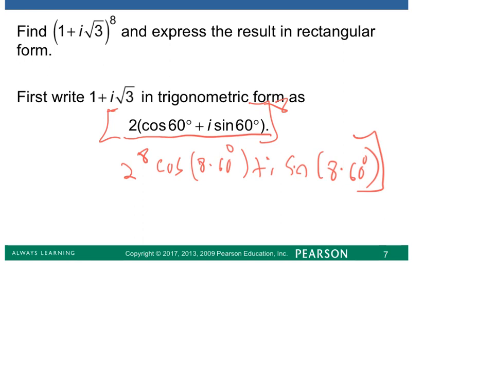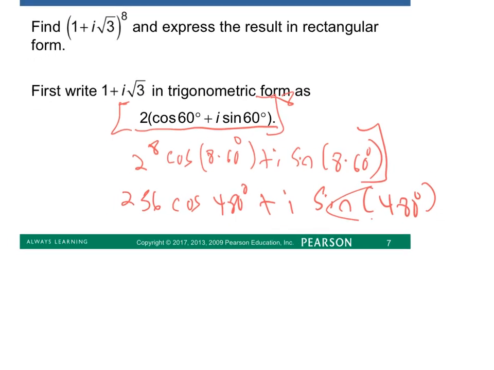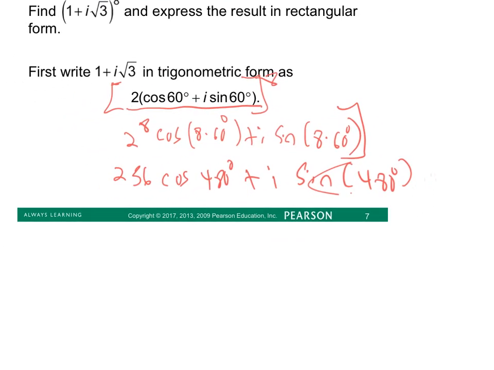So 2 to the 8th, I think I found out was 256, wasn't it? 2, 4, 8, 16, 32, 64, 128, 256. Cosine of 480 degrees plus i times sine of 480 degrees. So there's my answer in trigonometric form.